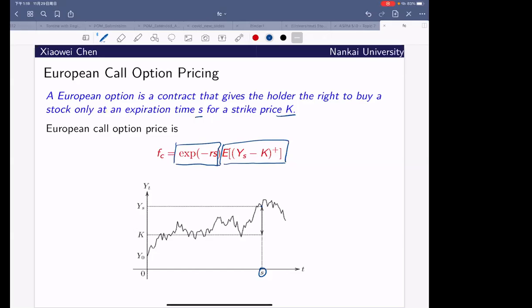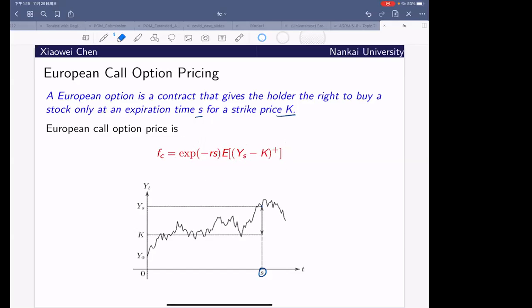Because the European call option gives you a payoff when the stock price is greater than the strike price, the payoff is (S minus K), taking the positive part, and then take the expectation. This is the payoff, and this is the discount, because the payoff in the contract happens in future time. So this is the pricing formula.